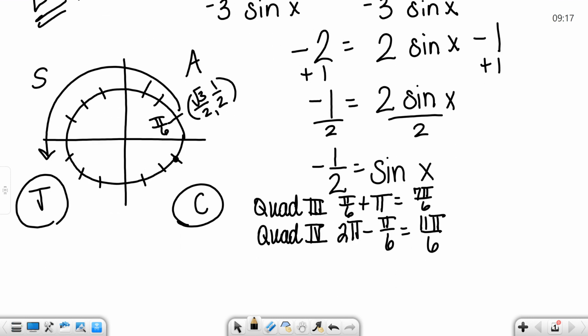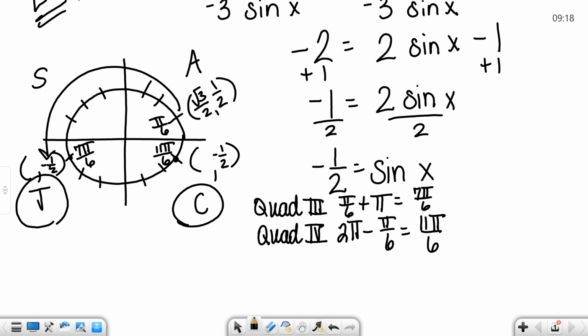At those 2 places, this place is 7 pi over 6, this place is 11 pi over 6, and if you'll notice on your unit circle, your y value in your ordered pair for both of those is negative 1/2.